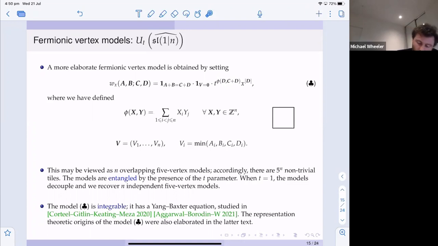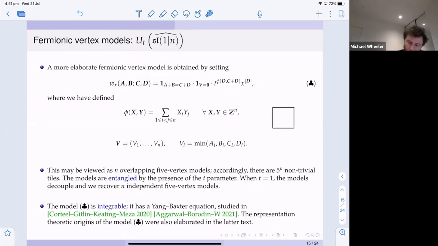And in that work, we said something about the representation theoretic origins of the weights, so where the weights come from in terms of fusion of the fundamental matrix for this particular algebra.